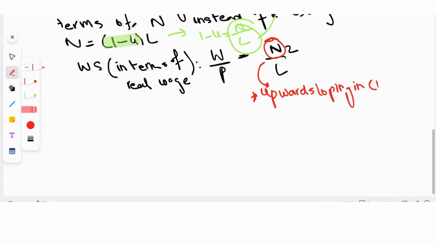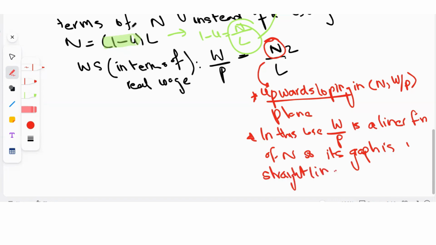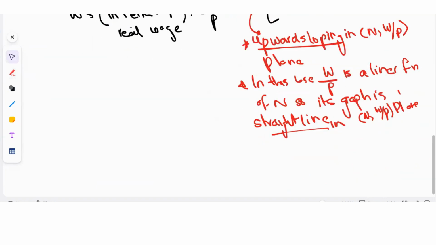And in this case, it is a linear function of n, so its graph is a straight line in n, W by P. So when we plot it with real wage on the vertical axis and employment on the horizontal axis, because there's a positive relationship between the real wage chosen in wage setting and the level of employment, it's upward sloping and it will be a straight line.